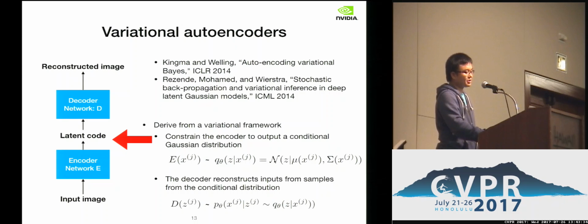And usually we model it as a normal distribution with mean and variance parameters. The latent code is sampled from this conditional distribution. The decoder then reconstructs the input images from samples drawn from the conditional distribution. So we sample a Z from this conditional distribution, and we apply the decoder network to reconstruct the image.